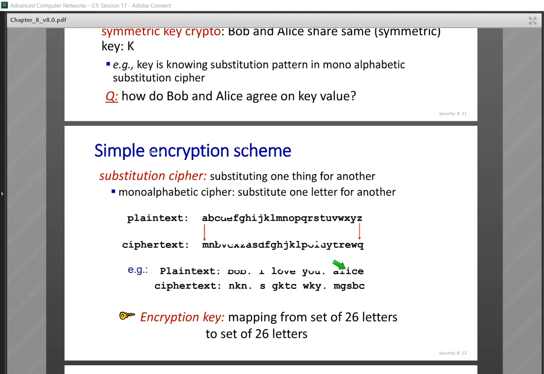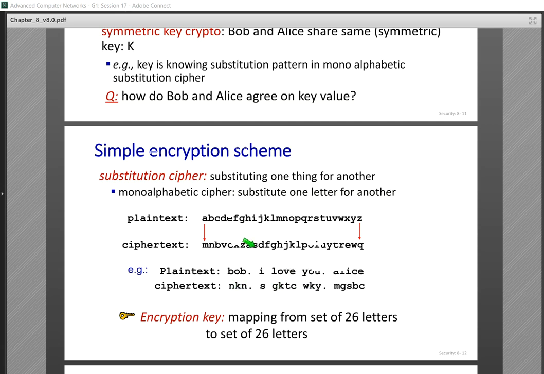So if I have this plain text, Bob, I love you, Alice, according to this key, instead of B, I should use N. We have two B characters here, so I'm replacing those B with N. Instead of O, I should use K. So this O is replaced by K, here again, and here again.